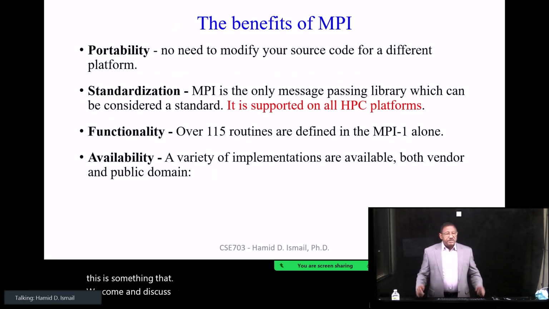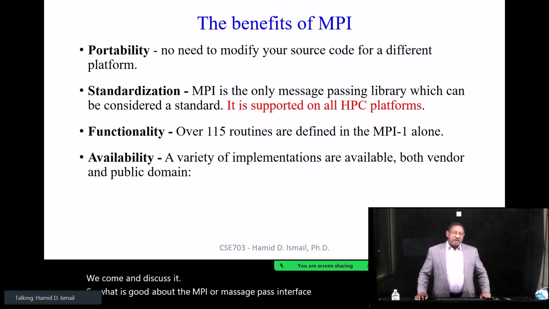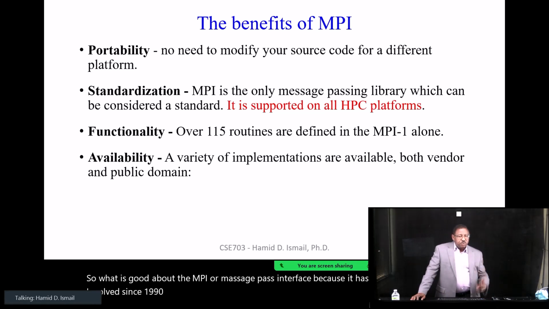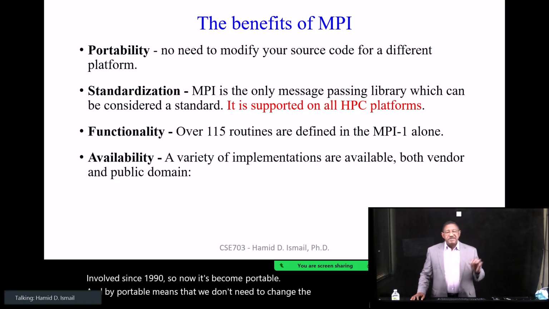So what is good about MPI, or Message Passing Interface? Because it has evolved since 1990, now it has become portable. By portable, it means that we don't need to change the same code. You can use it on any platform.